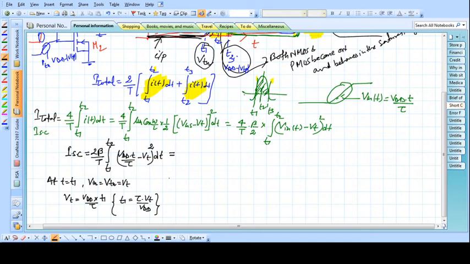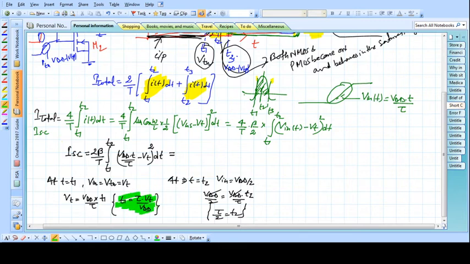And again at t equals t2, the v in value is equal to VDD by 2, so we write VDD by 2 equals VDD into t2 by tau. So it will give tau by 2 equals simply t2. So this one is the limit for t1 to t2.